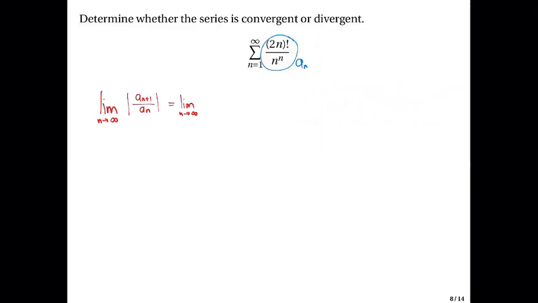So, magkakaroon tayo ng 2 times n plus 1 quantity factorial divided by n plus 1 raised to n plus 1. Okay? So, absolute value and then times n raised to n divided by 2n quantity factorial. Okay? And then close the absolute value.